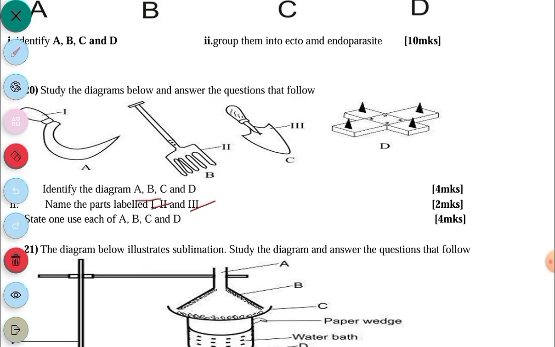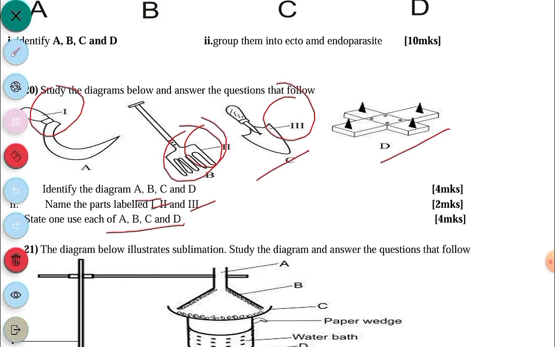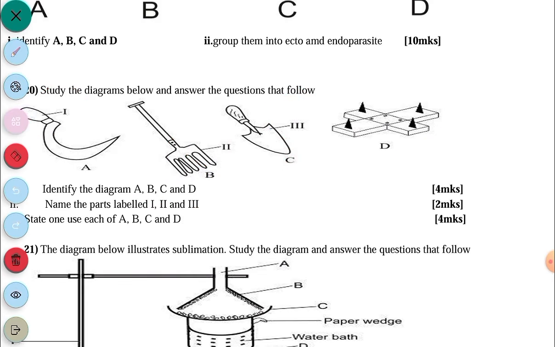So I is the handle, II are the tines, TINES, and III is the blade. State one use of A, B, C, and D. So A is used for harvesting grains or grass. B is used for turning over the soil. C is used for transferring soil. And then D is used for surveying or measuring angles on a farmland.